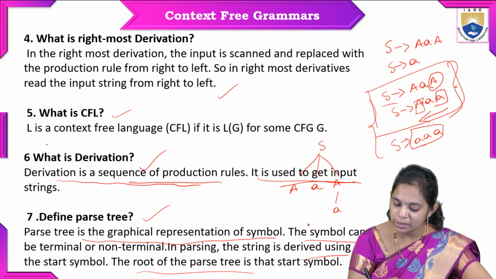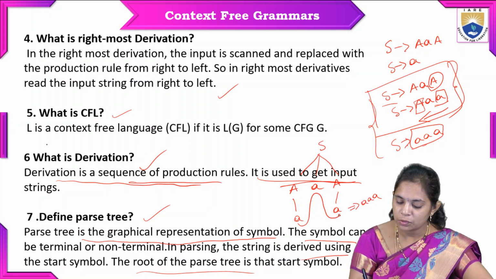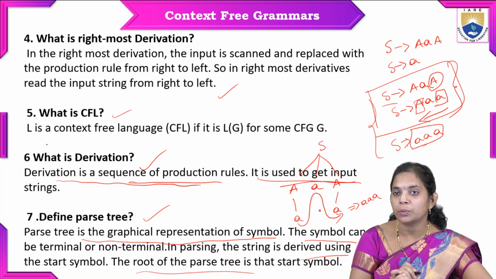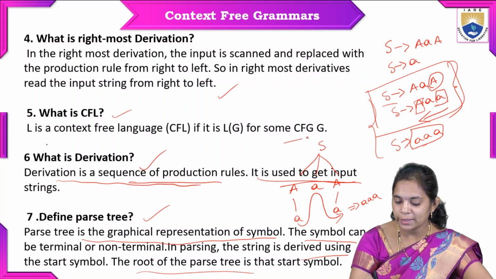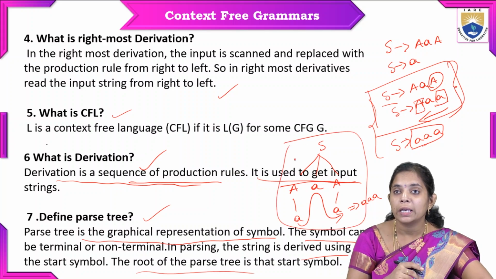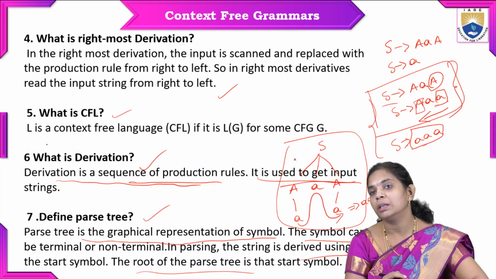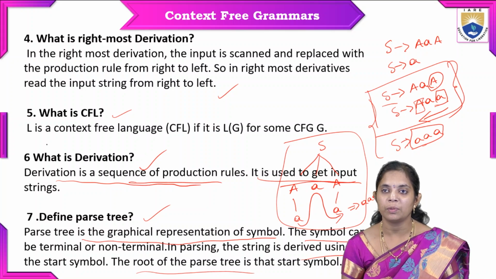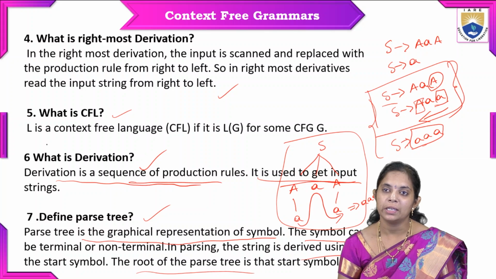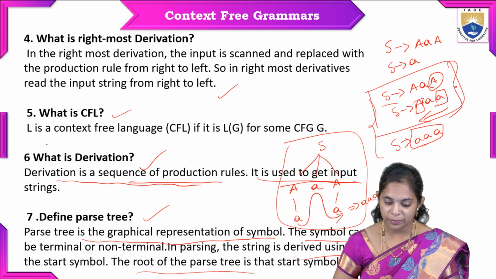A is replaced, and after this, A is replaced. If you read this, we'll get the string, triple a. Here we need to read left to right. So this is the parse tree, the graphical representation of the derivation.